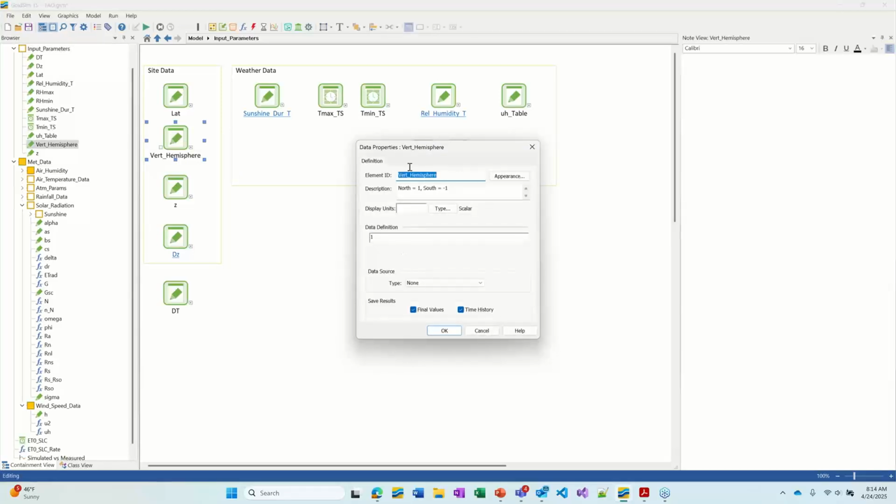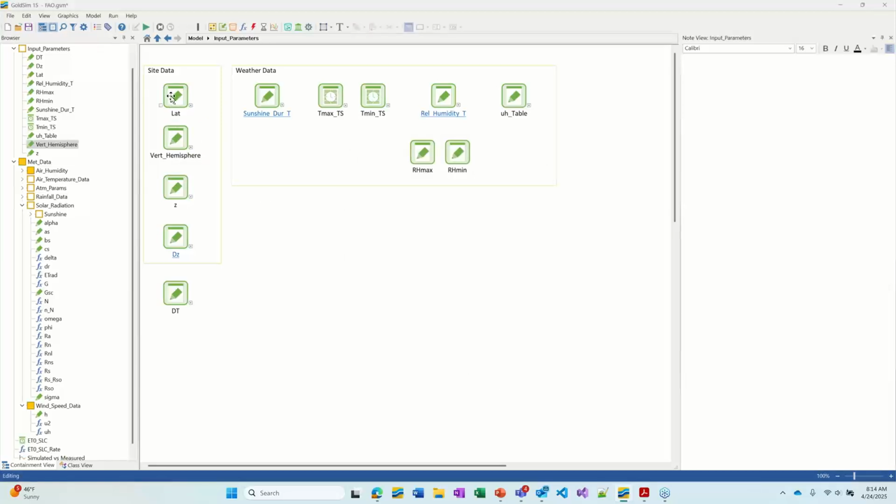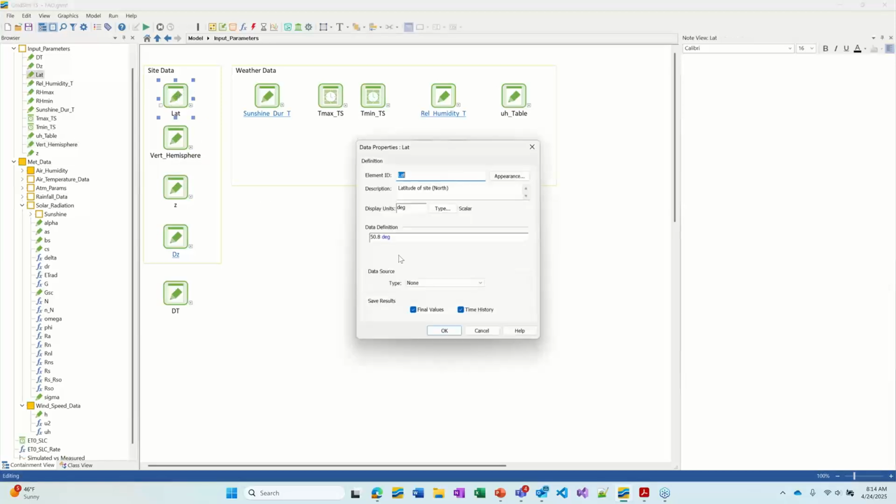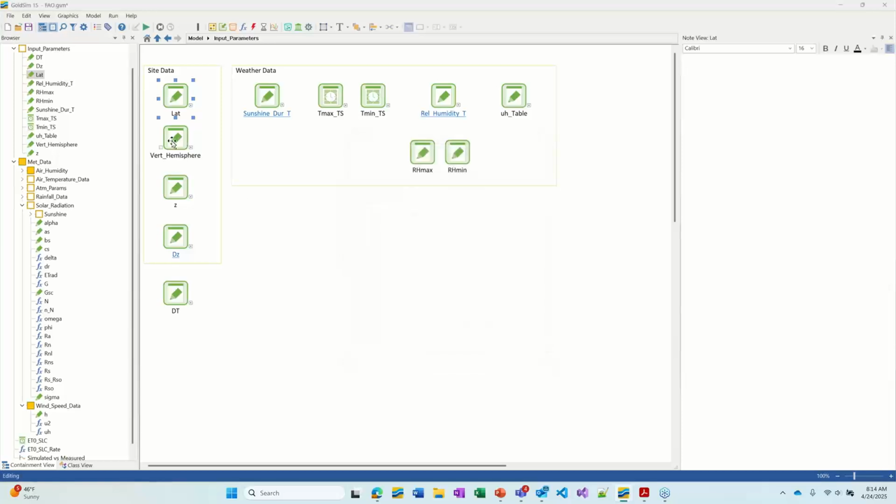And I should probably look into that, because I think if we just put a negative latitude, that would put us down there anyway. But anyway, make sure you change that if you're in the southern hemisphere. I will check that before I post this model, that might not be necessary to have both of those. But anyway, Z is the elevation of the site above sea level.